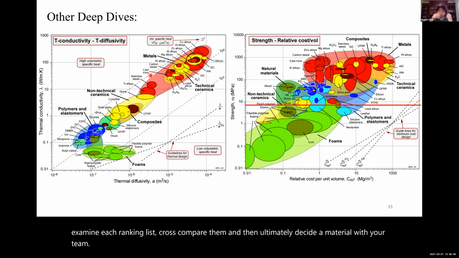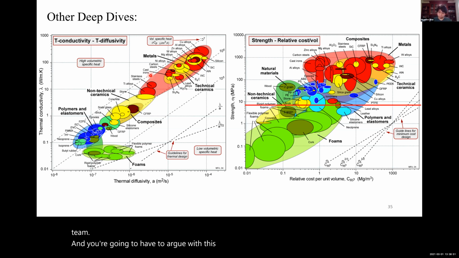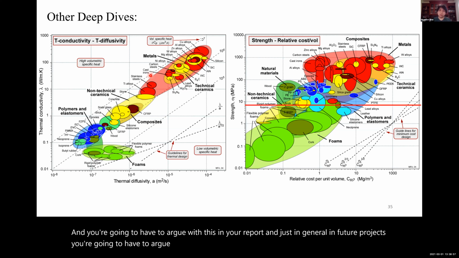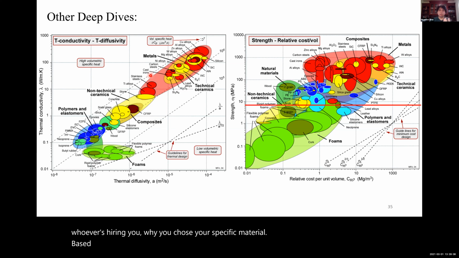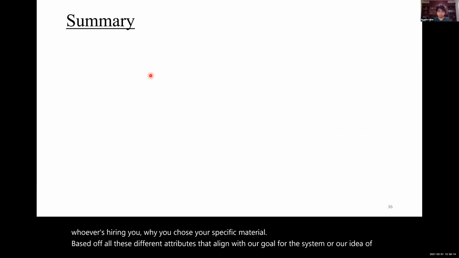You're going to have to argue this in your report, and in future projects, you're going to have to argue to your customer and to your employer, whoever's hiring you, why you chose your specific material based off all these different attributes that align with our goal for the system or our idea of how we want the system to function.